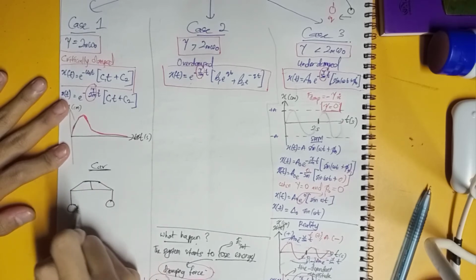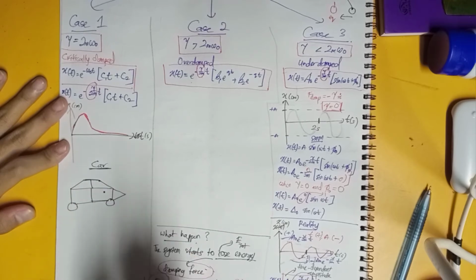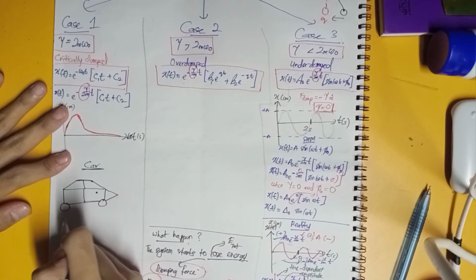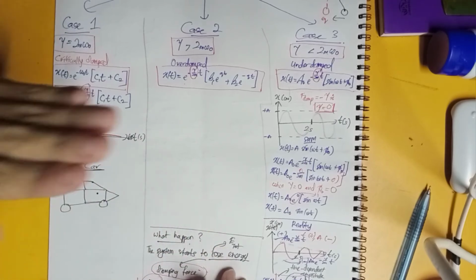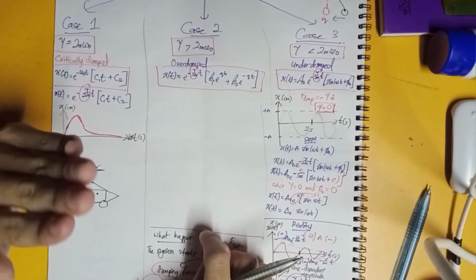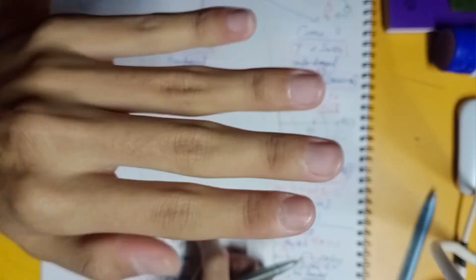Please don't judge my drawing. Now we have a bumpy road, or maybe we want to jump. We have a ramp here, the car starts to jump, and boom, it lands on the ground.